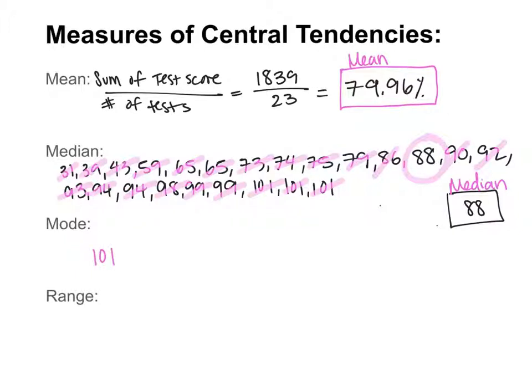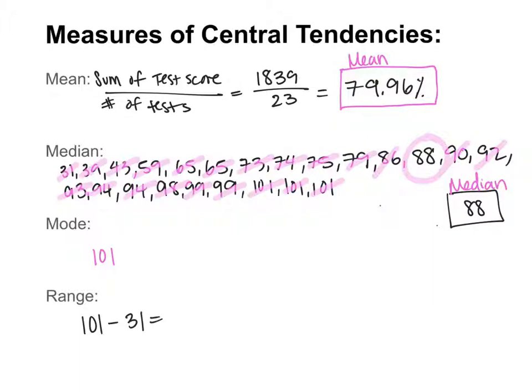And for the range here, that's when you take your largest number and subtract your smallest number. So the largest number here is 101. So I'm going to take 101 and subtract my smallest number, which is 31. And let's see how dispersed this is.